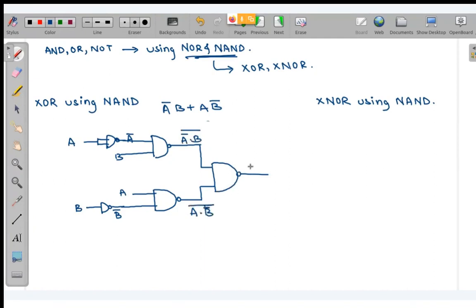So this will be the complement of the first dot the complement of the second, whole complement.